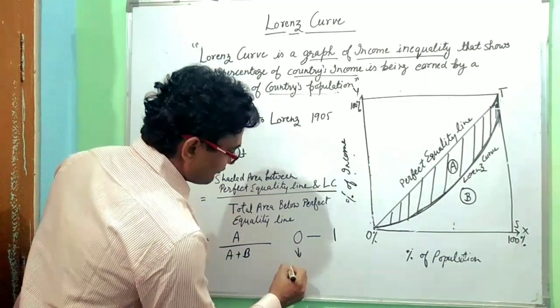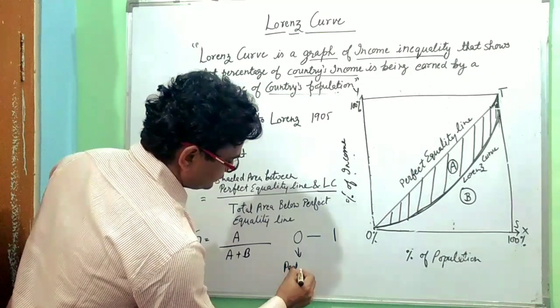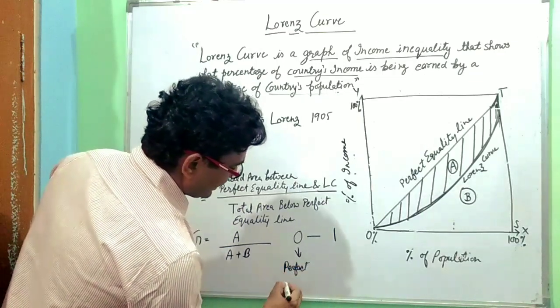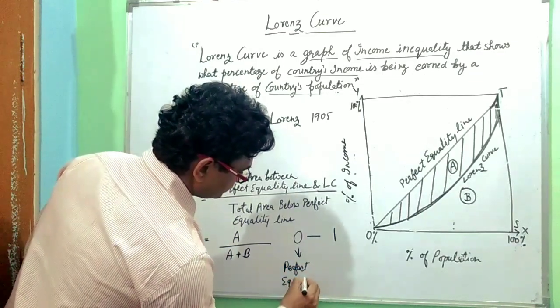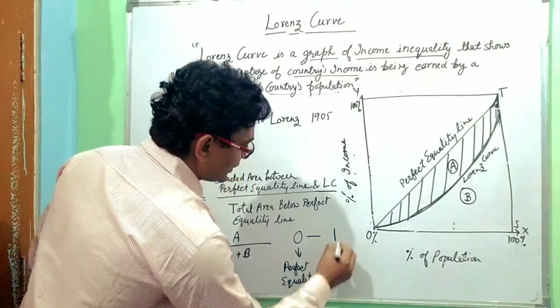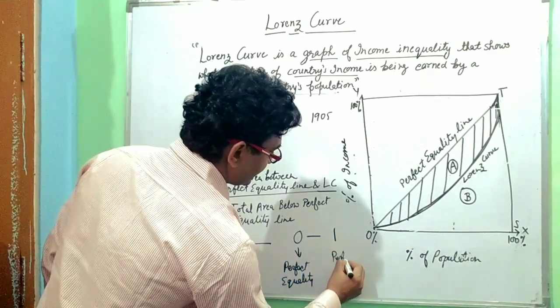The value of the Gini coefficient lies between 0 and 1. 0 means perfect equality and 1 means perfect inequality.